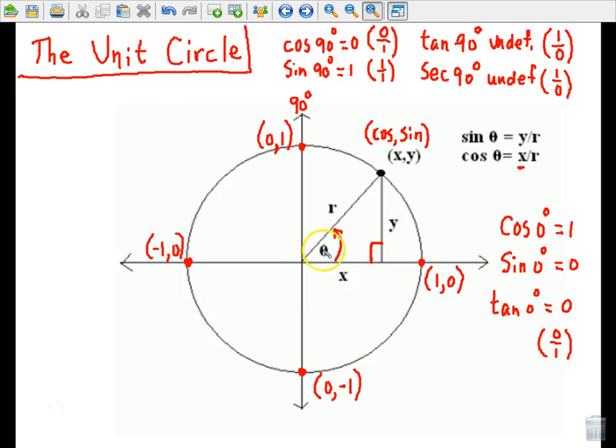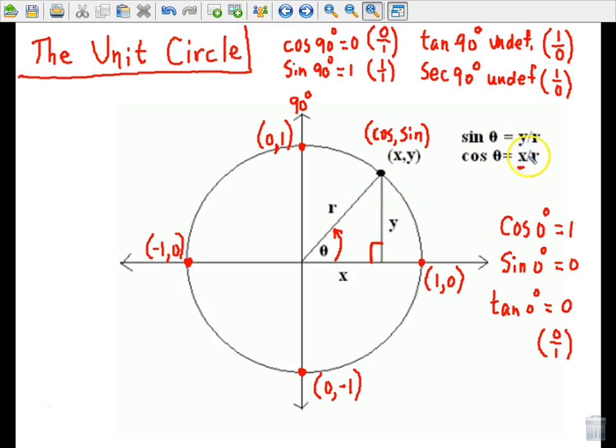Think of this angle theta as a line that starts here on the x-axis and then just rotates counterclockwise along this circle. Your trig ratios, as you can see, sine of theta on this unit circle is the y-coordinate over r, the radius, and cosine theta would be the x-coordinate over the radius.